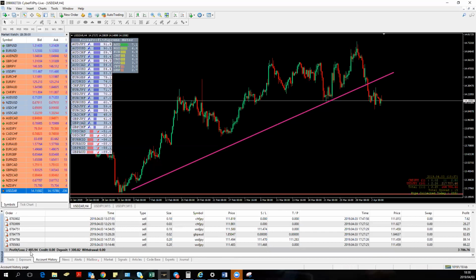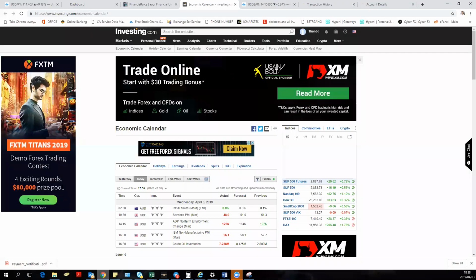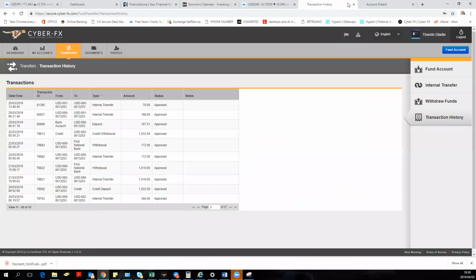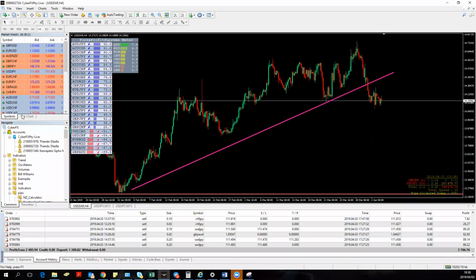I've made that amount of profit and I can say withdraw. I haven't withdrawn anything, but I can withdraw capital from this account using a platform. This is Loco-FX, and this is the platform that I'm using.